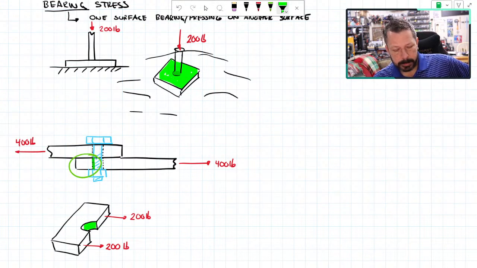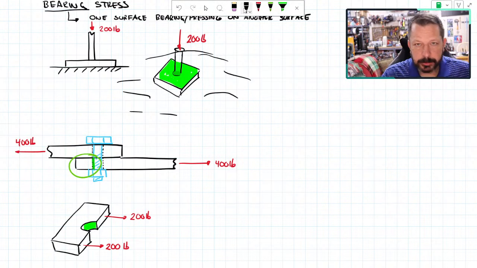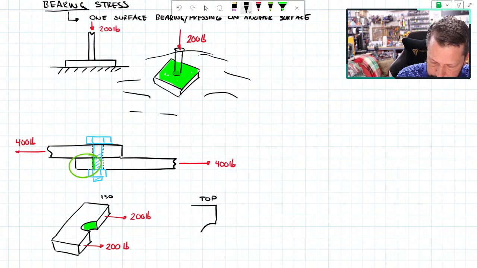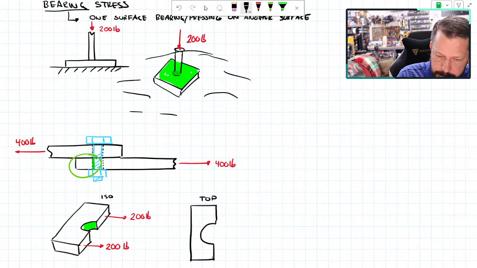The problem with that is if I look at the actual stress distribution. So now we're going to look at this. This is kind of the ISO view. Let's look at a top view over here of the same thing. So here's my 200 pounds.